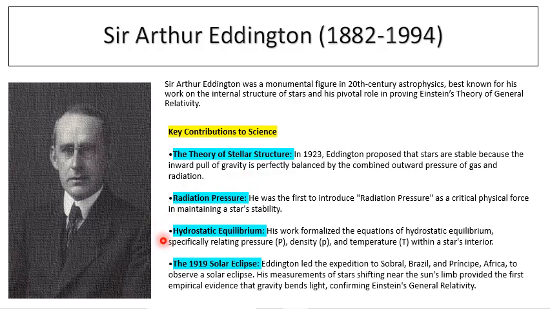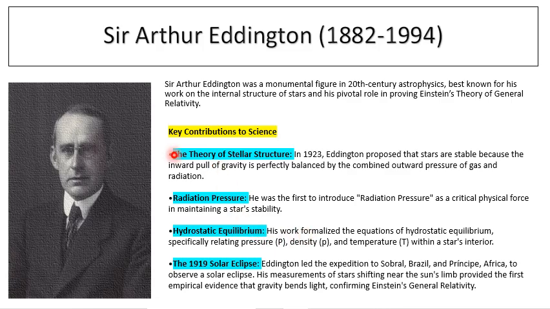We have already discussed the hydrostatic equilibrium in the previous videos, and Arthur Eddington formalized the equations of state relating the star's pressure, the density that varies along its structure, and the temperature gradients that are very different along different layers of the star's interior.